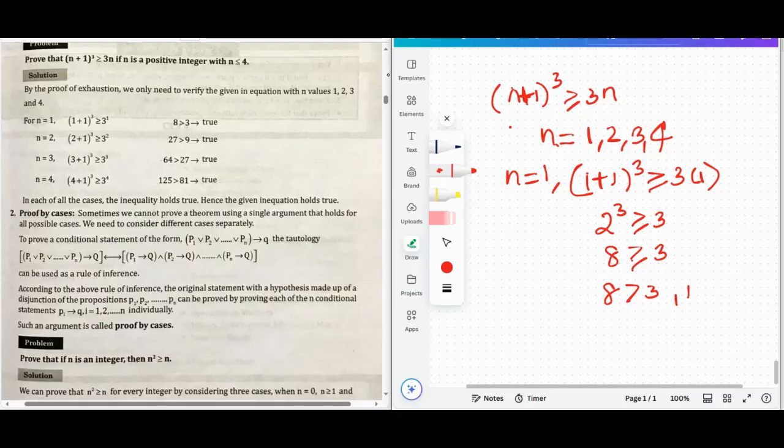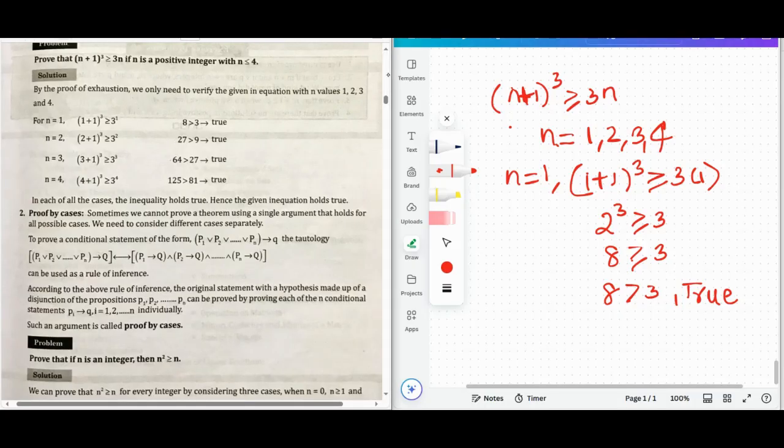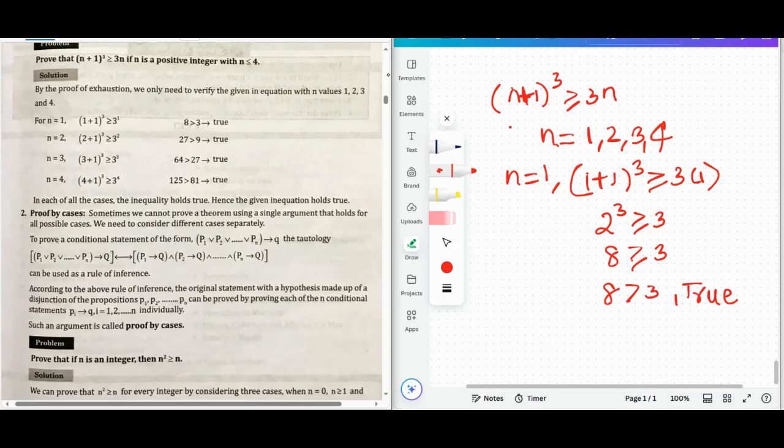Same way you will prove for n is 2, n is 3, n is 4. We get the values where in each case the inequality holds true, hence the given statement holds true.